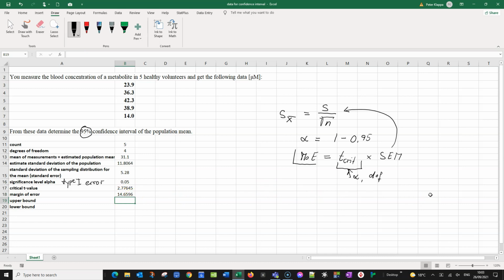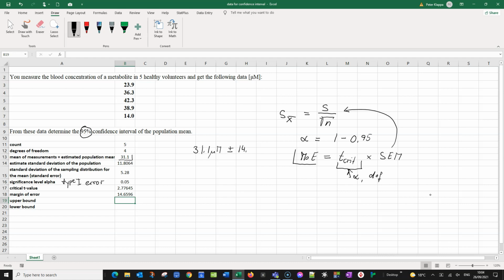So we can say, actually, we believe that our population mean, which we have estimated here, would be 31.1 micromolar plus minus the margin of error, which is 14 point.